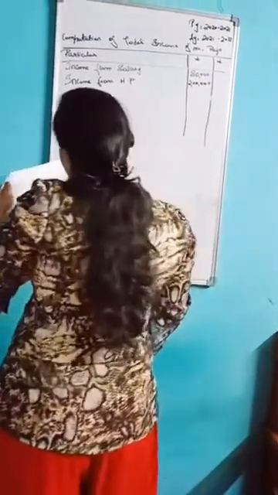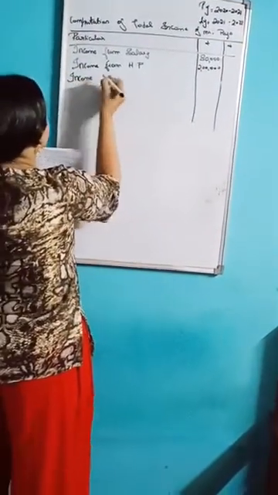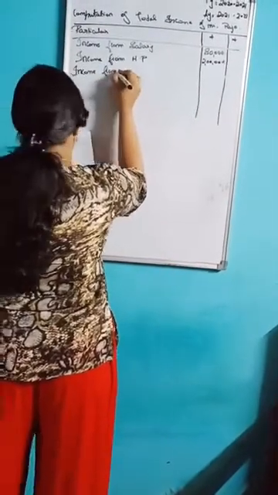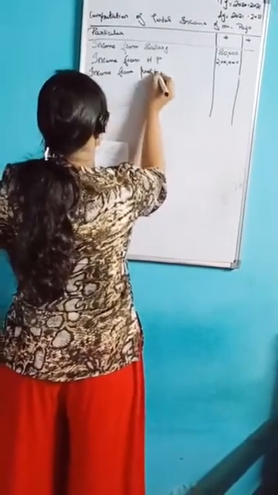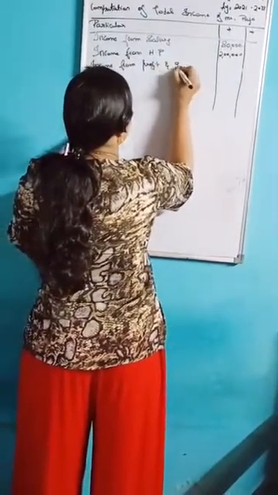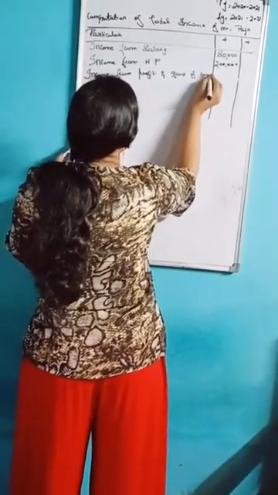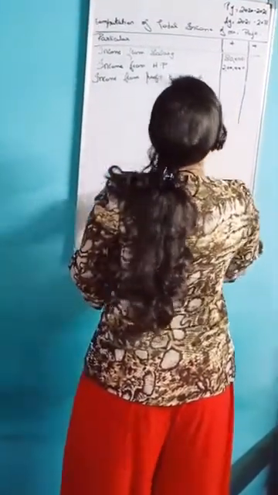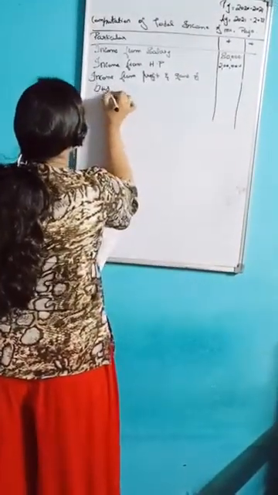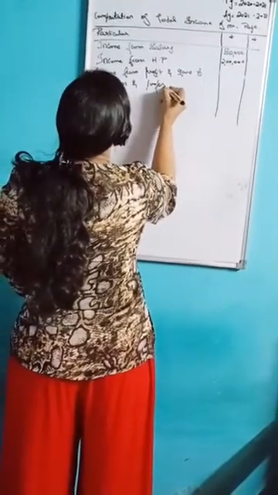Next one is income from profits and gains of business and profession.